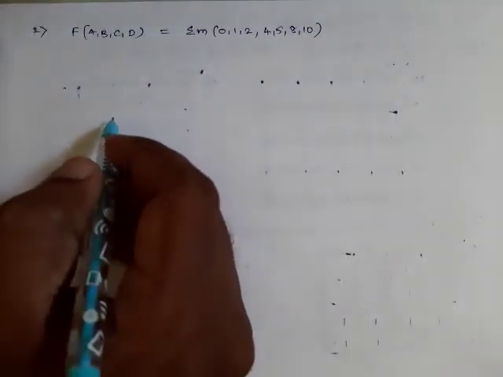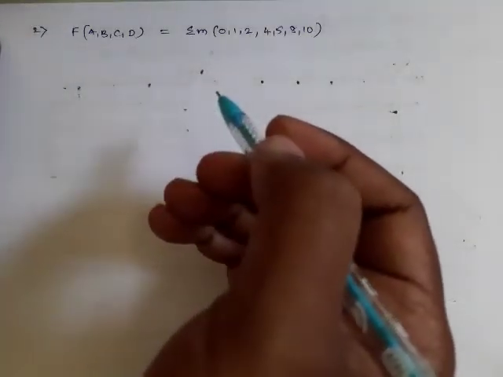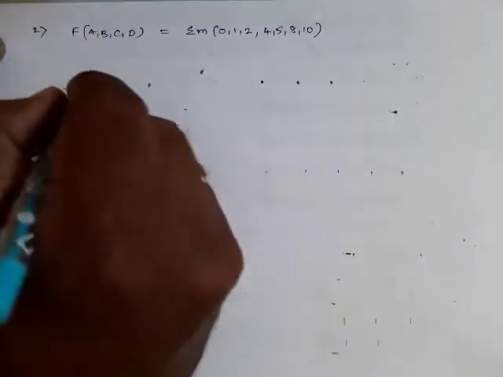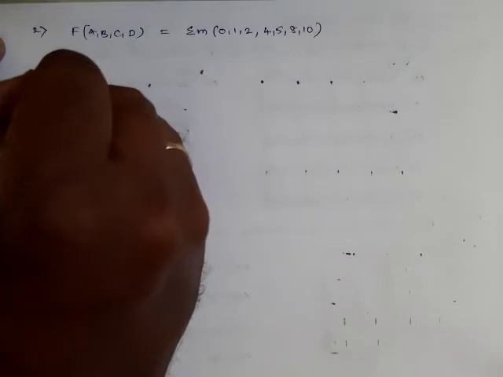So since the function is already expressed in sum of minterms, we can go for directly constructing the K-map of 4 variables.